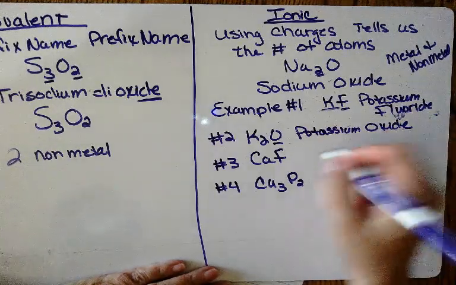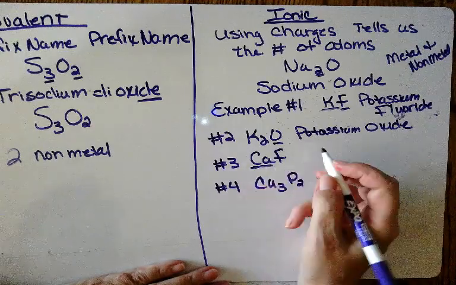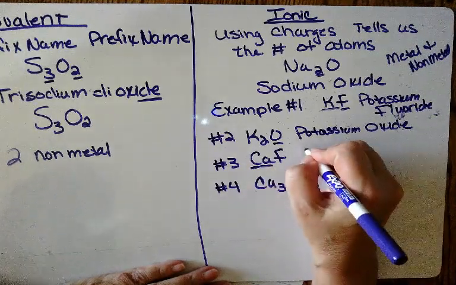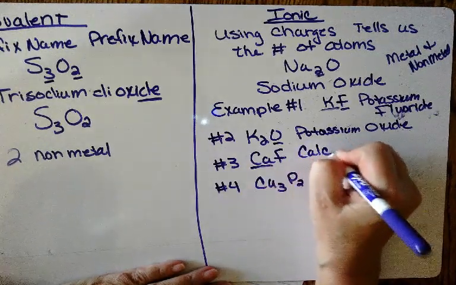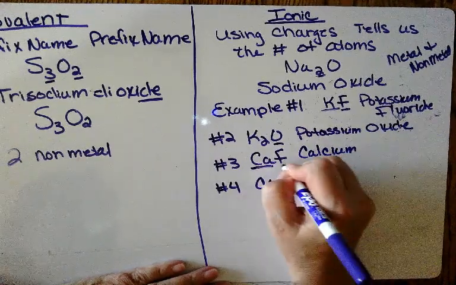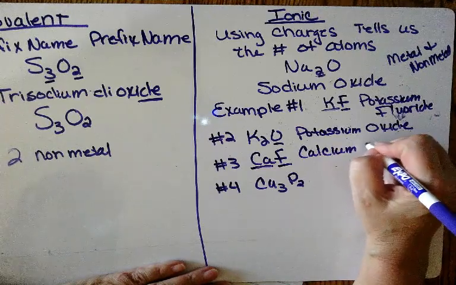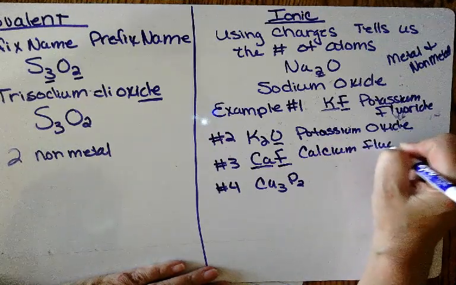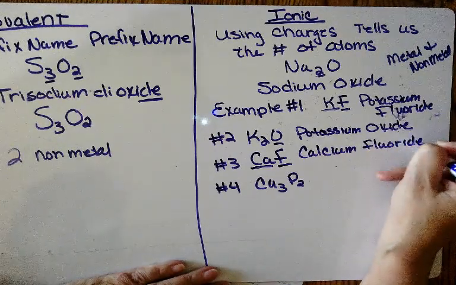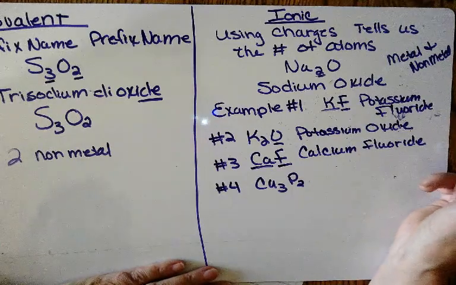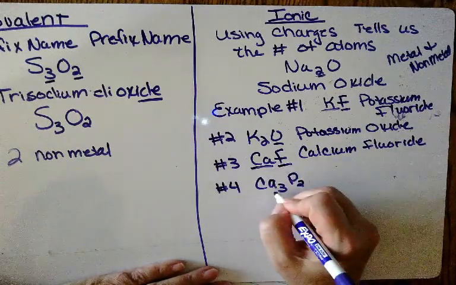Okay. Second example, we name the first cation, which is calcium. And then our last one, and we ended in "ide", so that's the fluorine atom, and it changes to fluoride. So calcium fluoride. Okay, and here's calcium again.